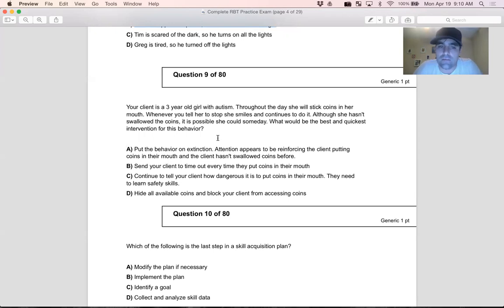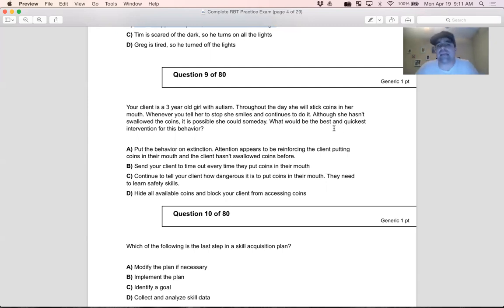So yes, the function might be attention, but given the scenario, you can't say that would be the best or the quickest intervention. You can't just let her put things in her mouth, as she could swallow it. It's very dangerous. So A is out. B, send your client to timeout every time they put coins in their mouth.